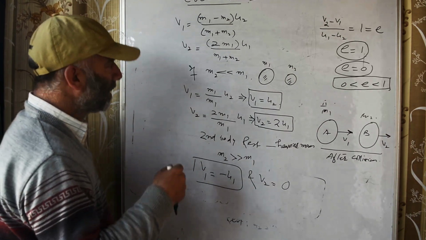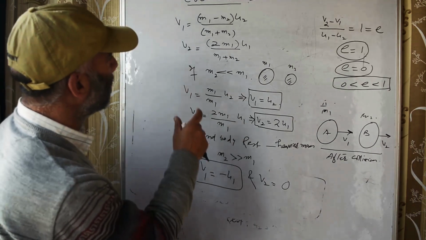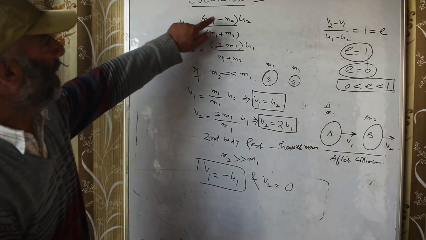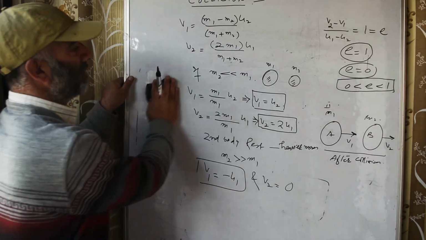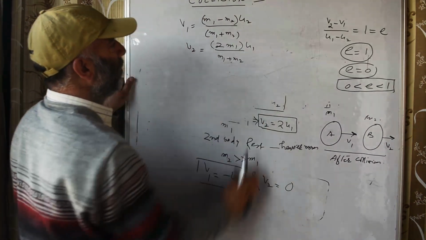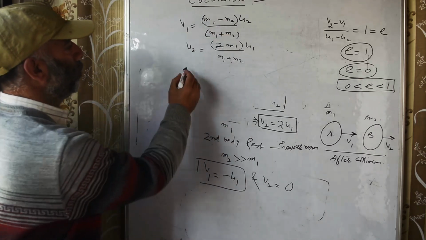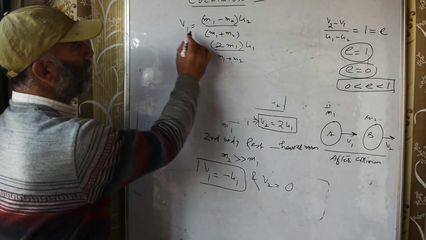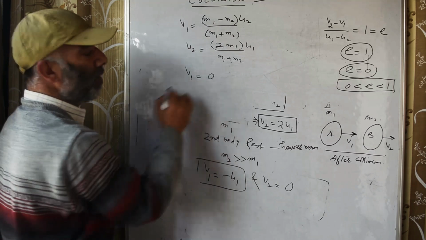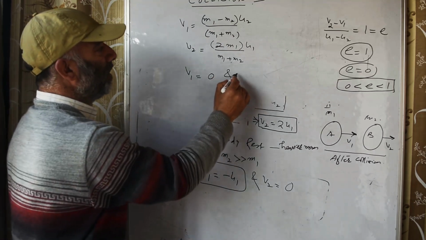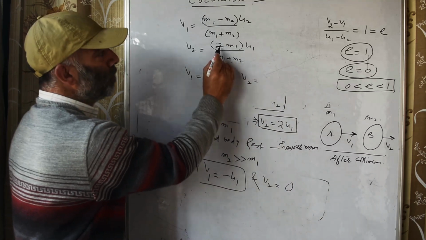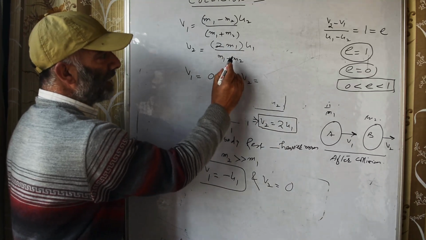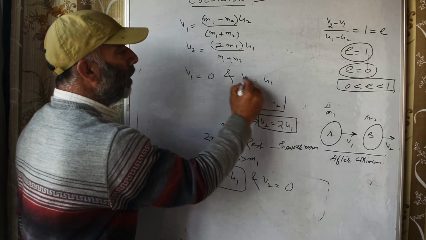So the third case is, if M1 is equal to M2, what will happen to V1 and V2 under these conditions? Clearly from this equation, V1 will be equal to 0 and V2 will be equal to, with M1 equal to M2, twice M1 divided by twice M1, that will cancel, and that is equal to U1.